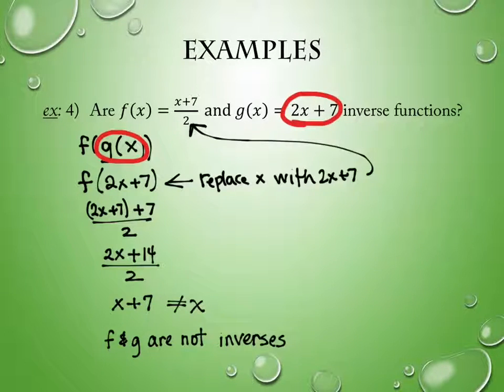Now, it's worth noting that you might be able to look at this and say, but if I made one little change, it would have worked. Can you see what that little change would have been where I would have gotten an x at the end? Can anybody see it? How would I have ended up without the plus 14 on top?